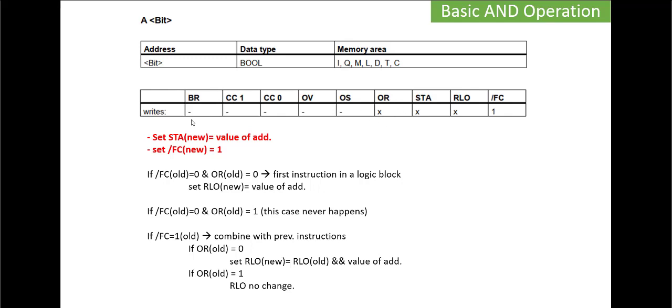And we will currently not talk about the binary result register. So our talk will be concerned with the first check bit, the RLO bit, and the OR bit.